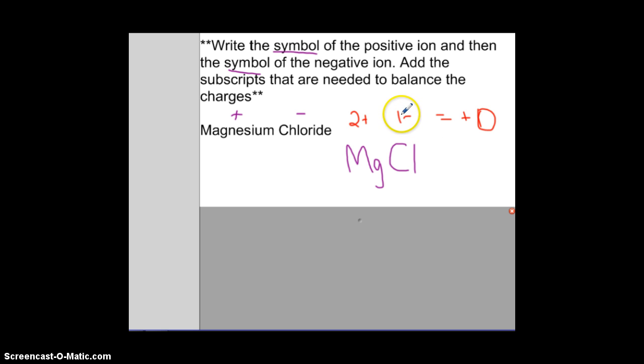And to make this into a 2 minus, that would mean we would need 2 chlorine. So we're going to write the subscript 2 there to give us 2 more chlorine. So 2 times 1 is 2. 2 minus 2 is 0. And that's your answer. MgCl2, that is the chemical formula for magnesium chloride.